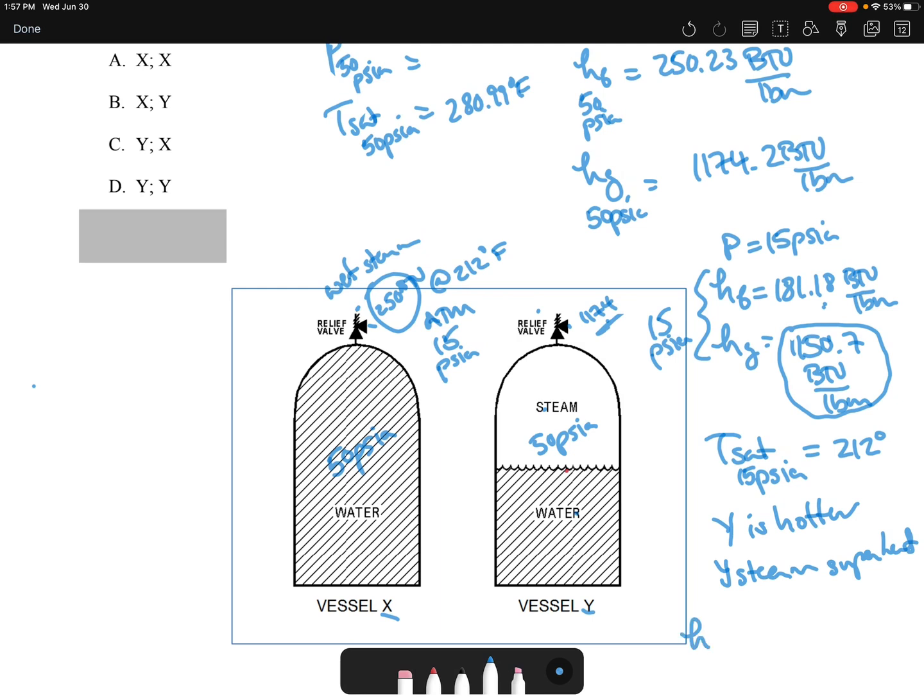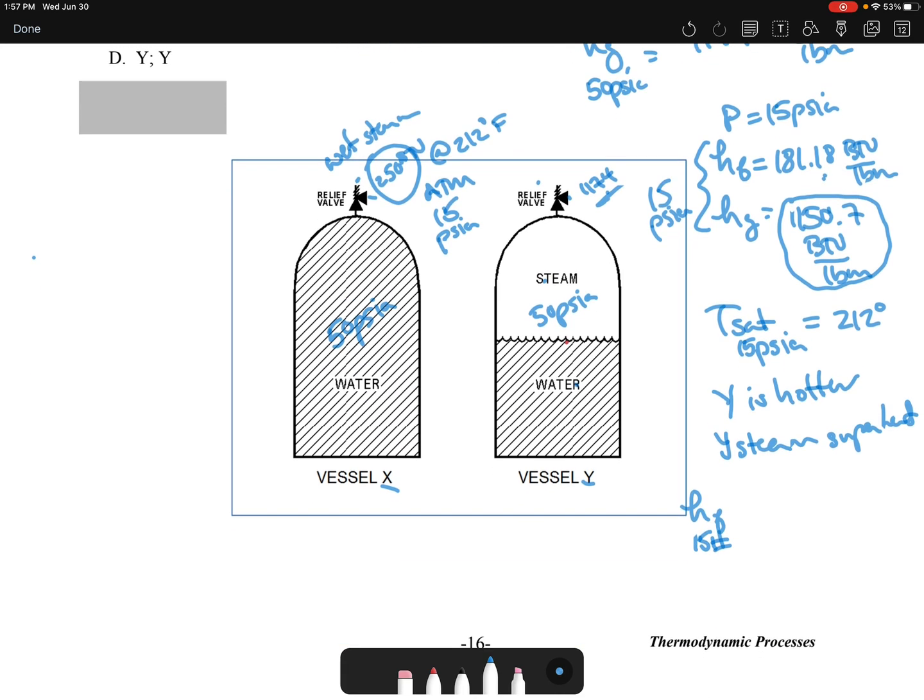So the HG for 15 pounds at 240 degrees Fahrenheit, remember we're superheated, is going to be 1163.9 BTUs per pound mass. The HG here for 15 psia at 280 degrees Fahrenheit is going to be 1183.1 BTUs per pound mass.